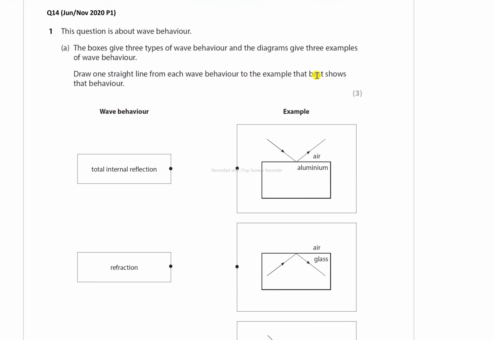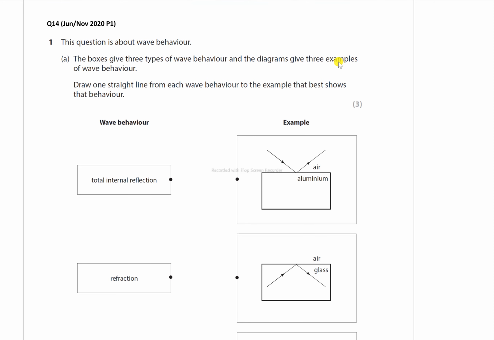Right. This question is about wave behavior. The boxes give 3 types of wave behavior, and the diagrams give 3 examples of wave behavior. Draw one straight line from each wave behavior to the example that shows it. Right.